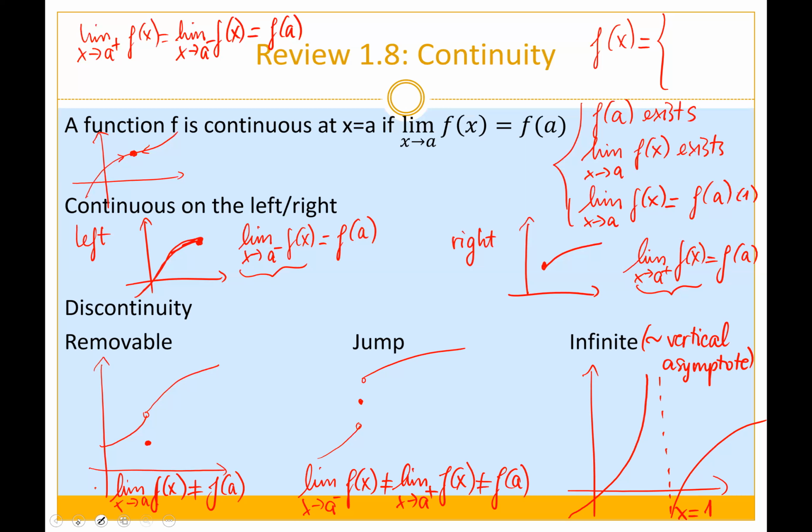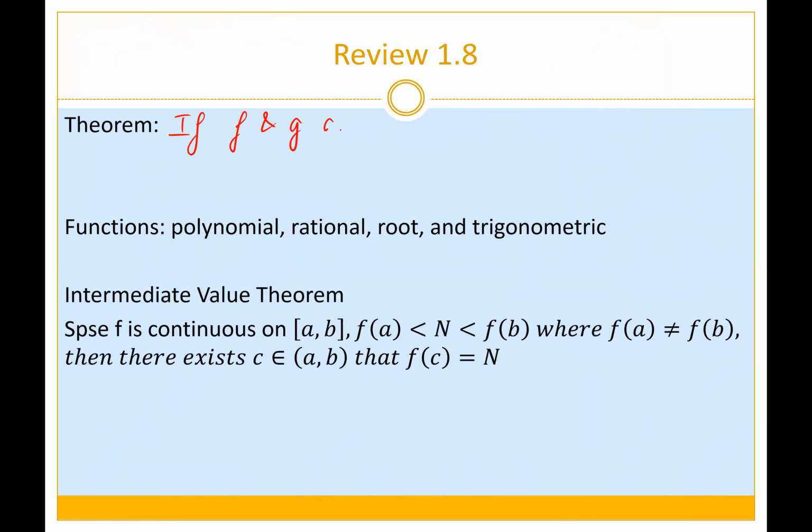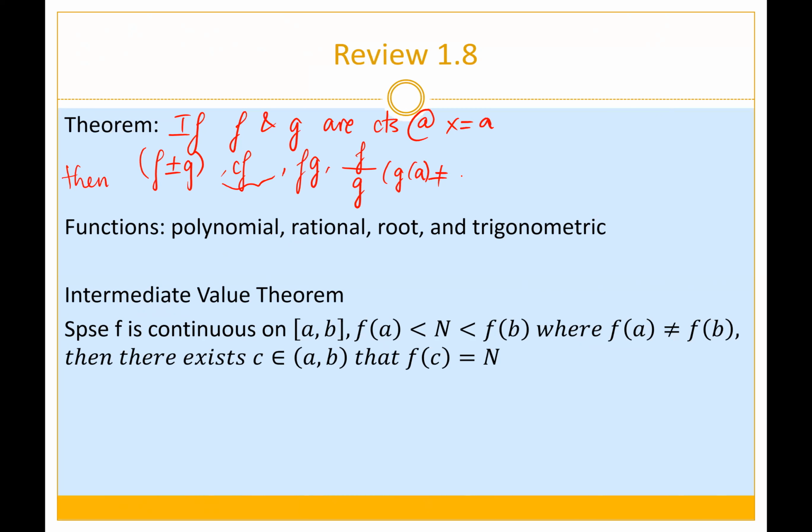And then in 1.8, we also have a theorem. It's saying that if f and g are continuous at x equals a, then you have these functions: f plus or minus g, c times f, a scalar multiple of a function, f times g, a product of two functions, and f over g, where g at a is different from 0, so that the function stays defined and this fraction is meaningful.